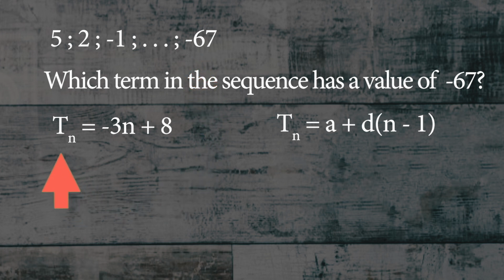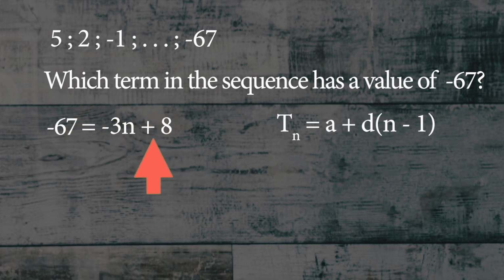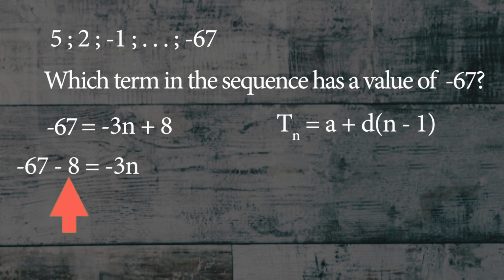So we are given the term. In the place of Tn, we can simply put the minus 67. Let's do that substitution. It's equal to minus 3n plus 8. Now all that we need to do next is to calculate n. We first take this plus 8, which is the constant term, and if we take it to that side, we're going to minus with it. So now we get minus 67 minus 8 is equal to minus 3n.